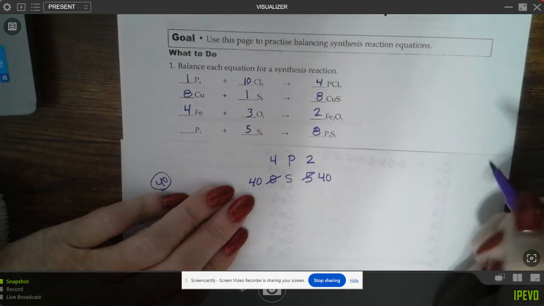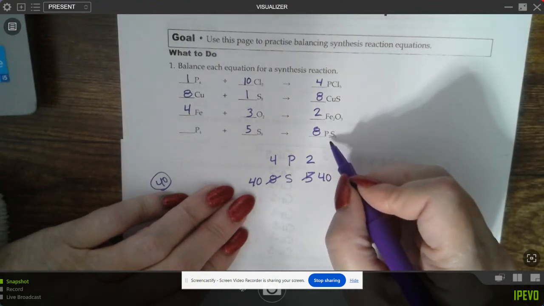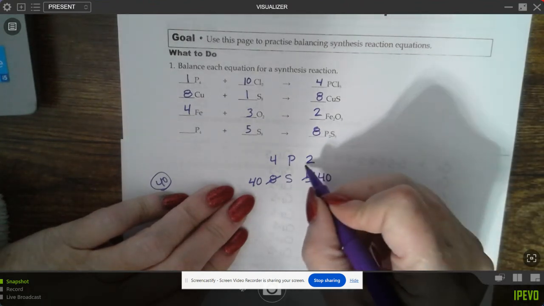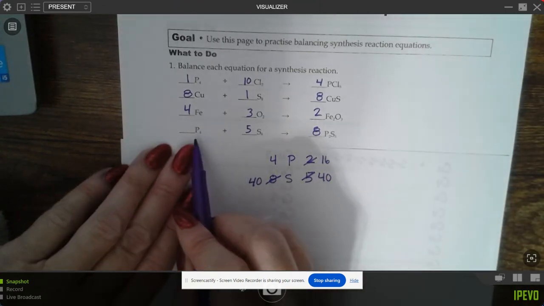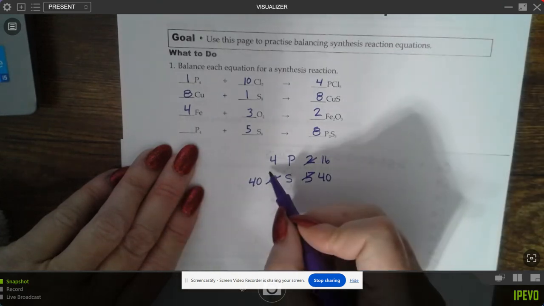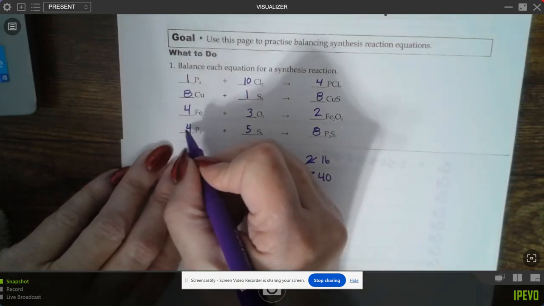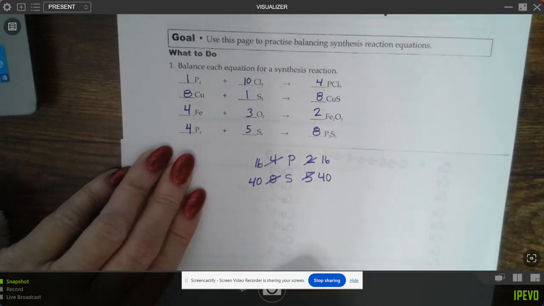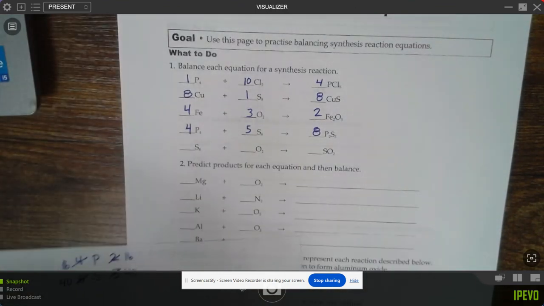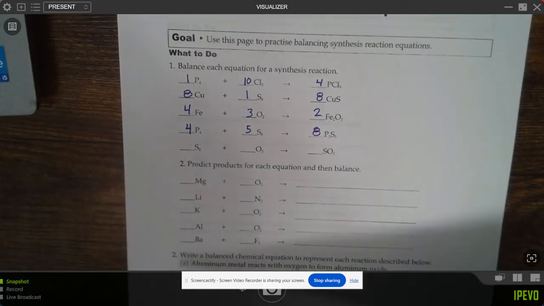All right. But that also gives me, if I look, 8 times 2 is 16 phosphorus. All right. Over here, I have 4. So if I put a 4 in front of here, 4 times 4 gives me 16 phosphorus. Okay. All right, one more balancing.